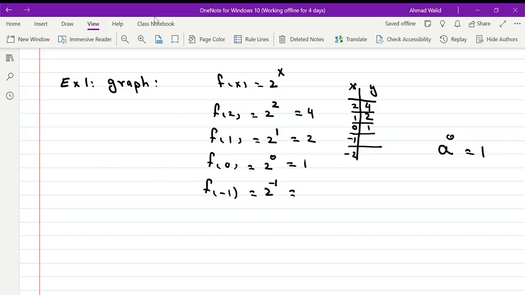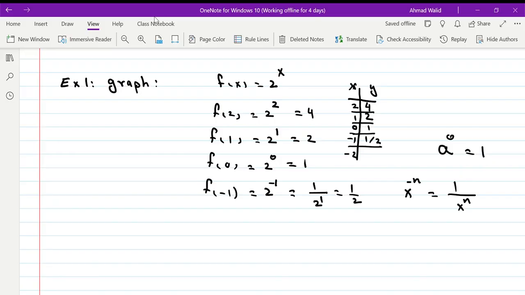Please remember, you cannot leave a number with a negative exponent. Do you remember from intermediate algebra that if you have x to the power of -n, you can write this as 1 over x to the power of +n. Then 2 to the power of -1 equals 1 over 2 to the power of +1, which gives you what? 1/2.